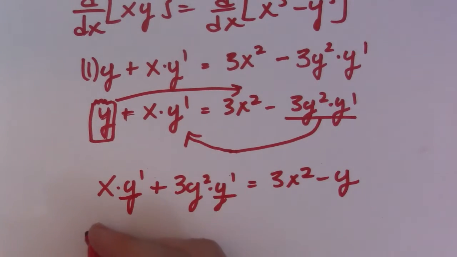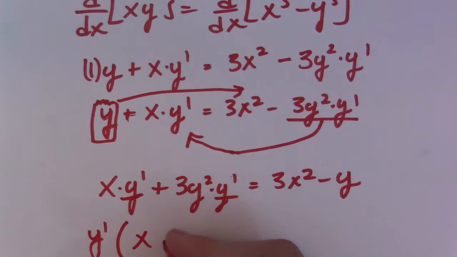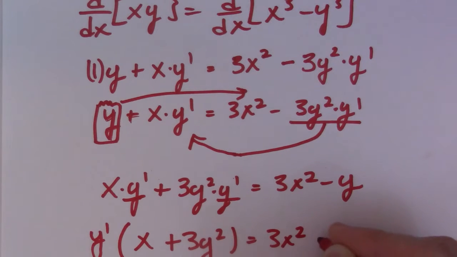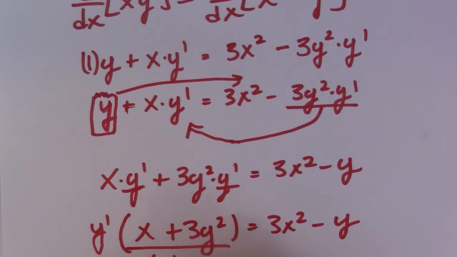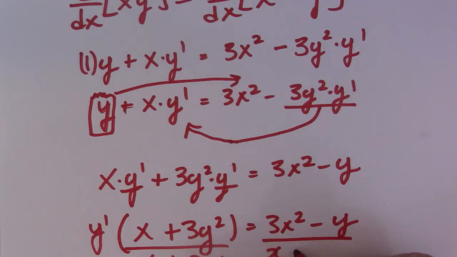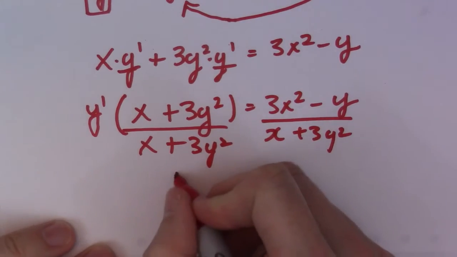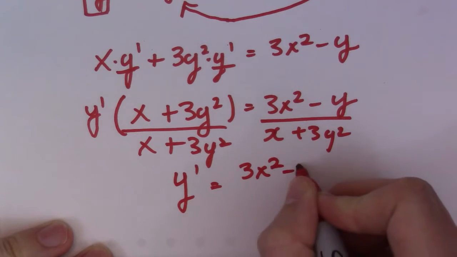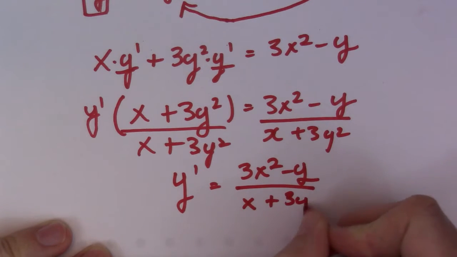Take a y prime out, and I'm left with x plus 3y squared, equal to 3x squared minus y. Divide both sides by this, and I'm left with my answer: y prime is equal to 3x squared minus y all over x plus 3y squared.